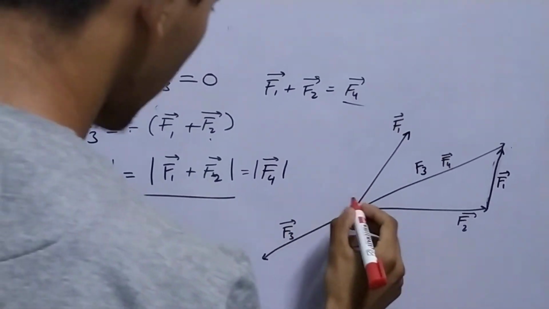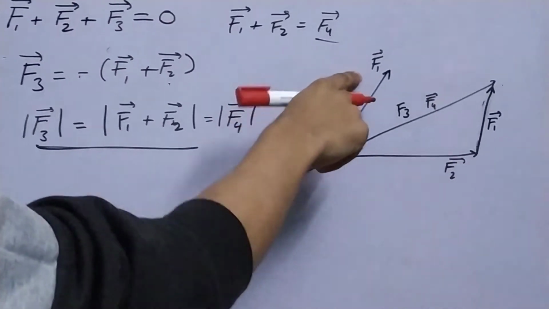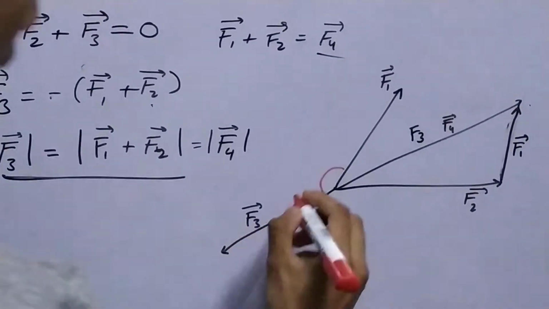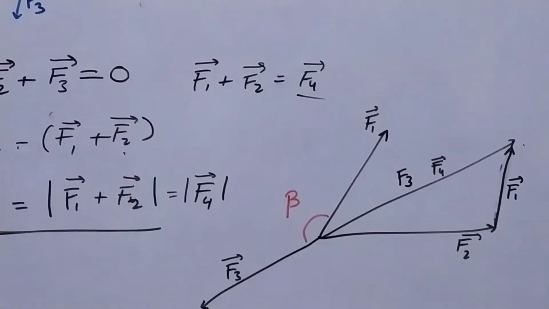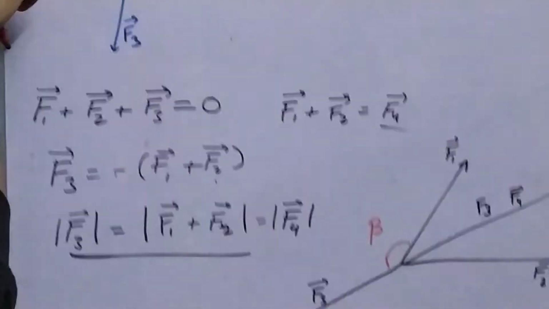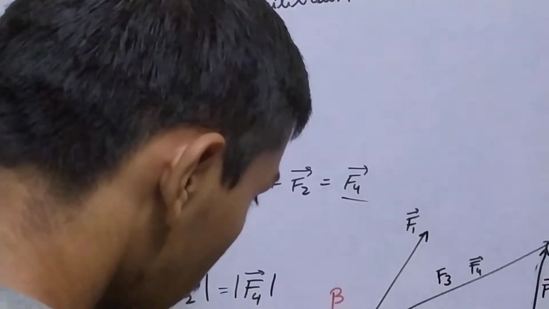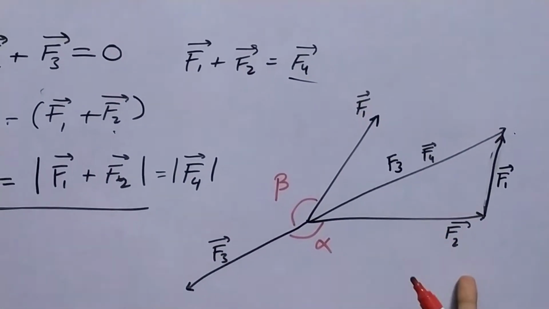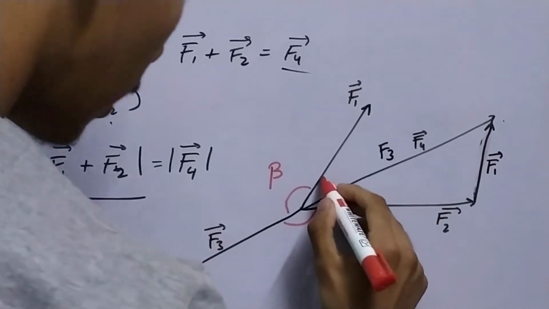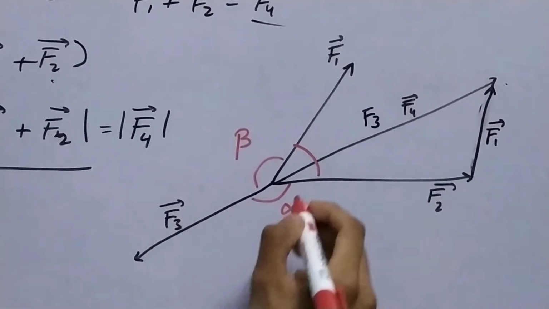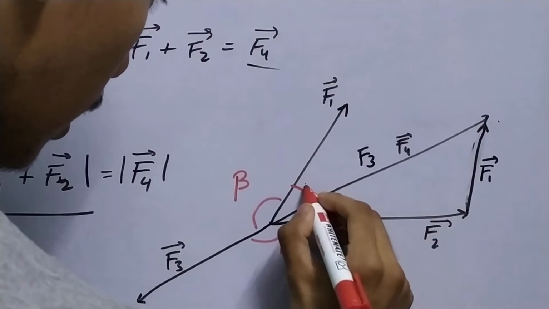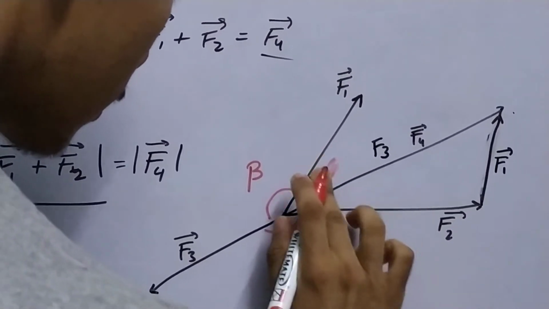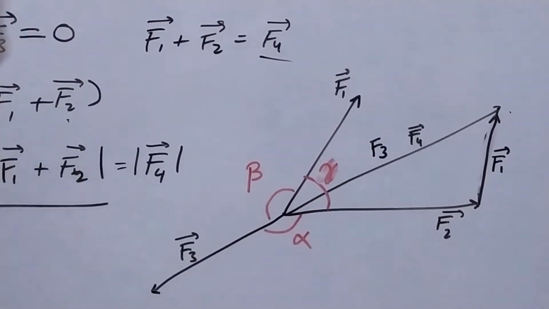Now let me mark the angles. The angle between F1 and F3 is beta. The angle between F2 and F3 is alpha, or the angle opposite to F1 is alpha, the angle opposite to F2 is beta, and the angle opposite to F3 is gamma.